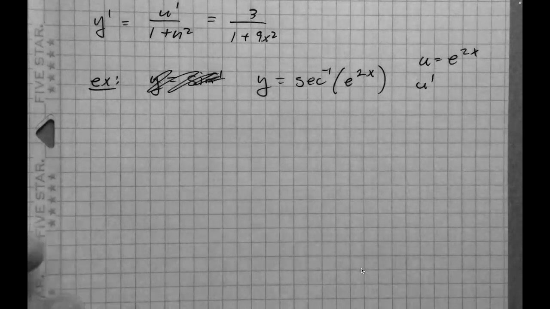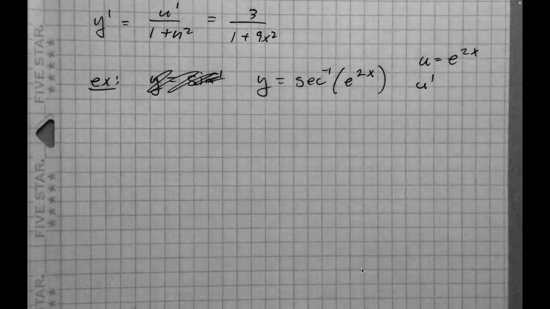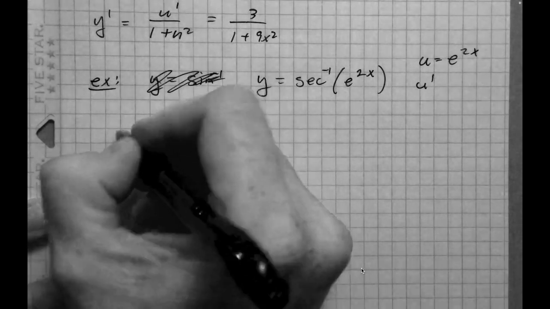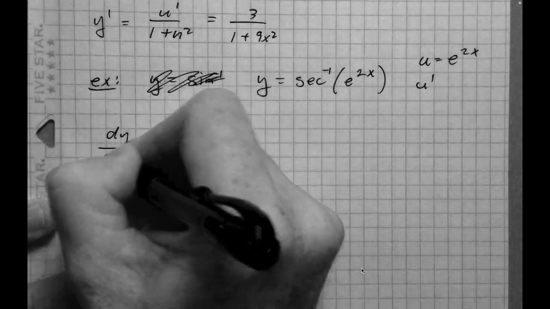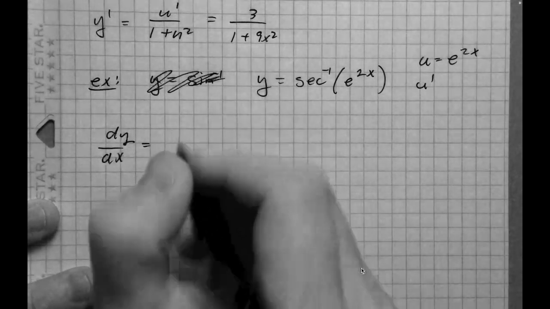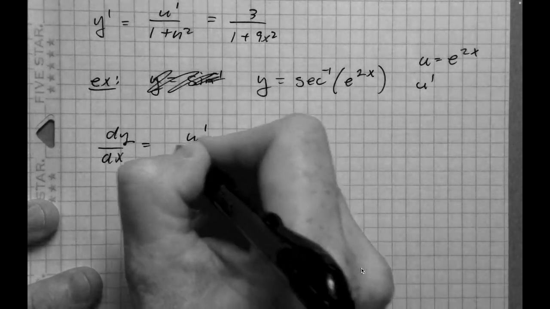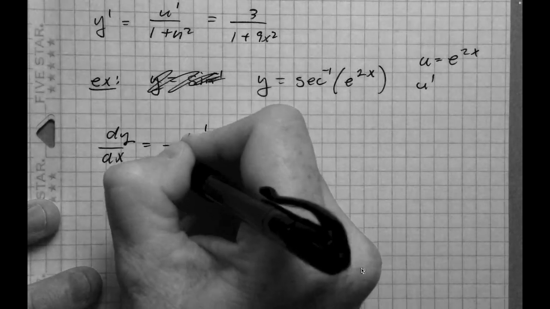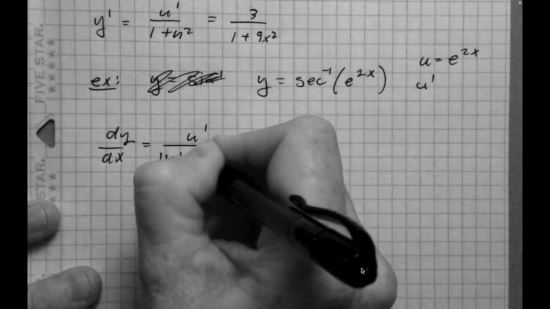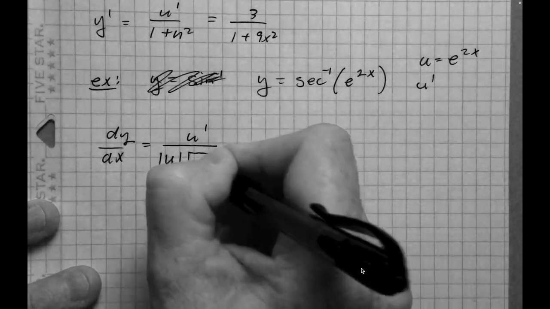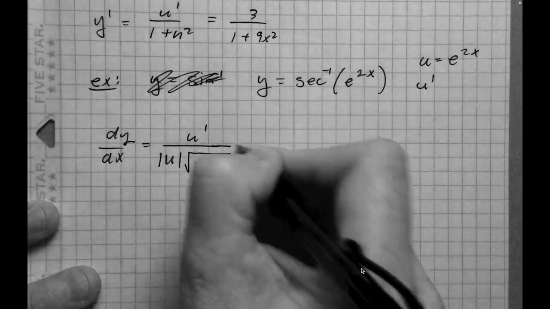What's u prime? Well, that's the one we have to think about, right? But let's start with this. So dy/dx equals, and we know the form is going to be u prime over the absolute value of u times the square root of u squared minus 1.